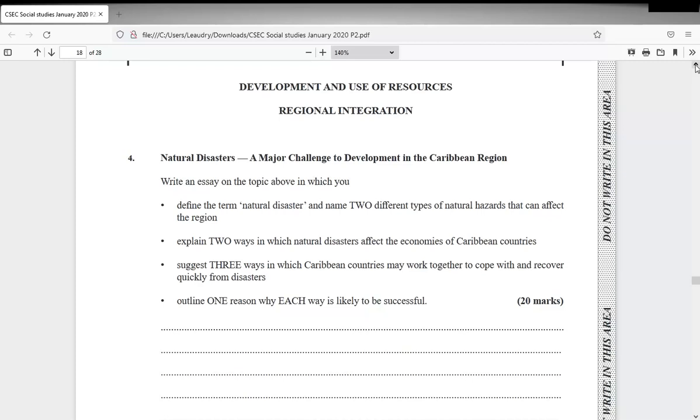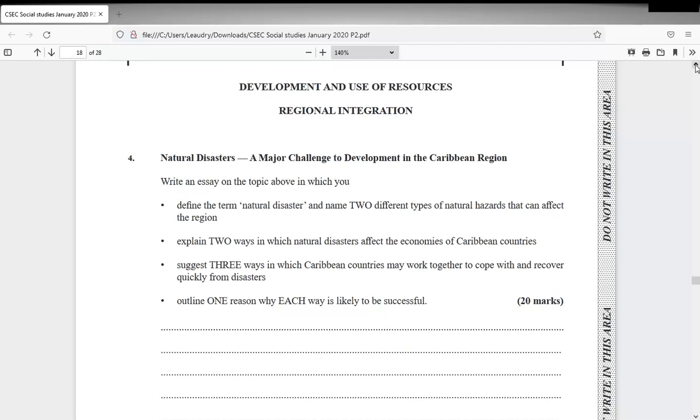And so if the structure or the business is damaged, it therefore means that there will be a shortage of jobs that are available. So it will affect the economy, because the buildings are destroyed, and so that will affect the production of goods and services. So that's another way in which natural disaster affects the economies of Caribbean countries.